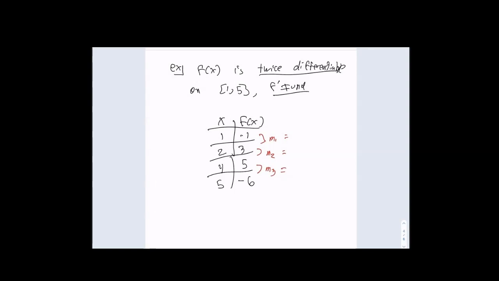From x equals 1 to x equals 2. Anybody? Yeah, basically. Yes, Norda.